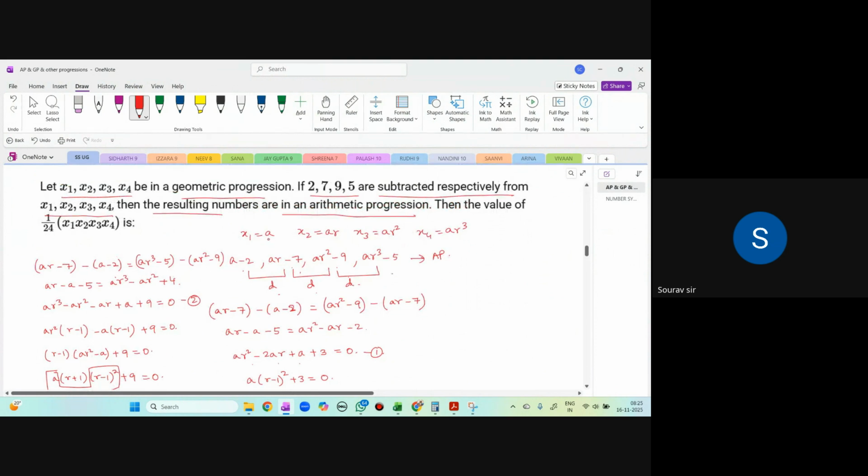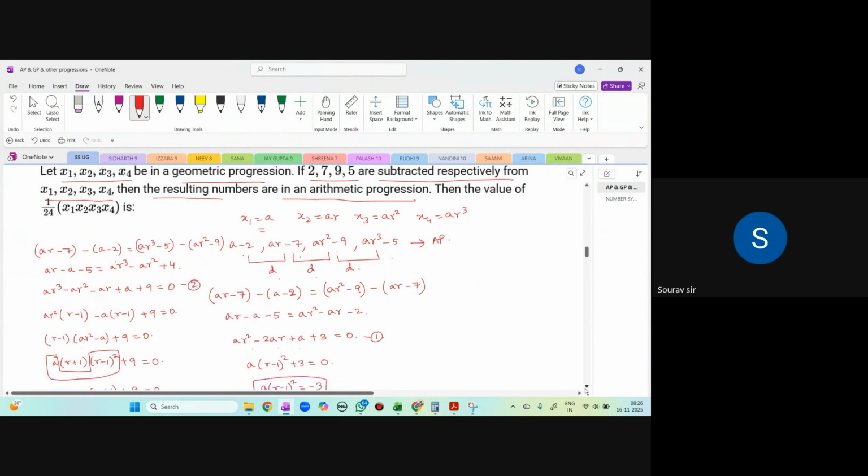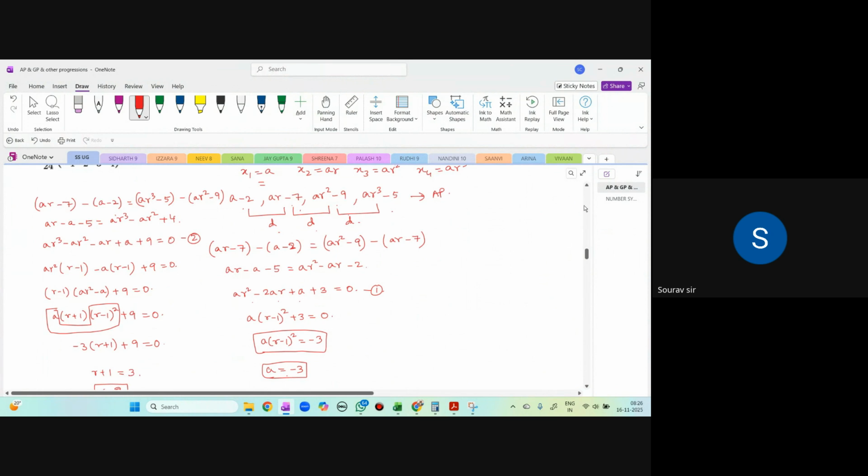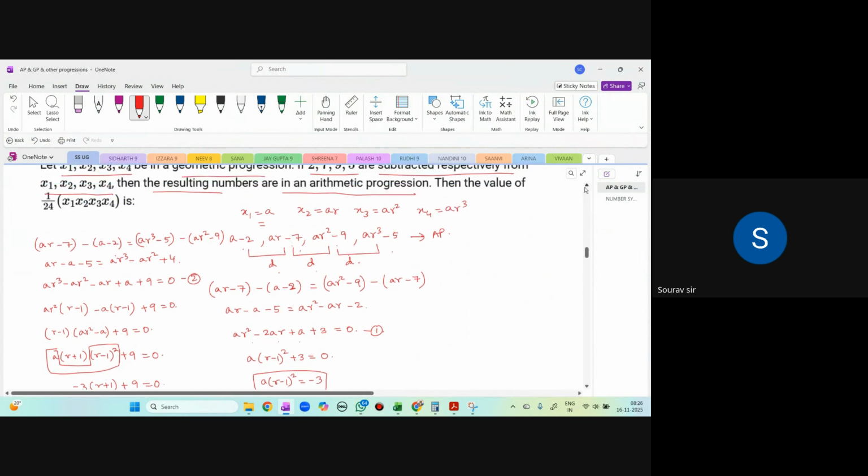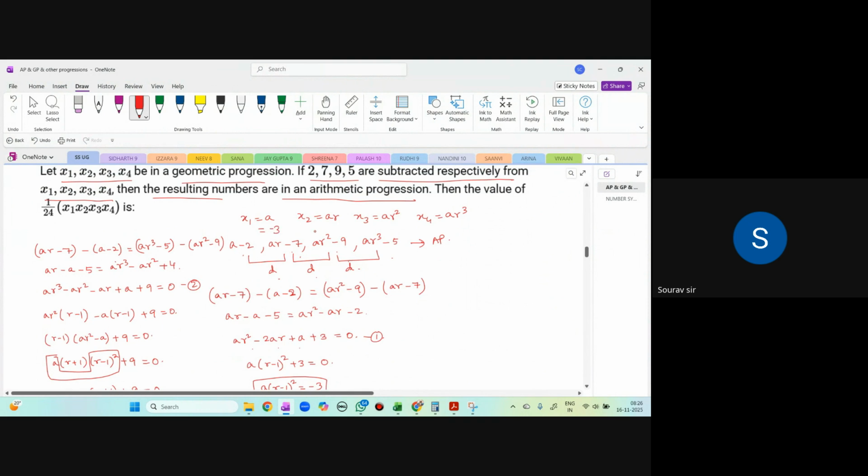So I can find out x1, where a is minus 3 and r is 2. So this is minus 3. This would be minus 3 into 2, minus 6. This would be minus 3 into 4, minus 12. This would be minus 3 into 8, minus 24.